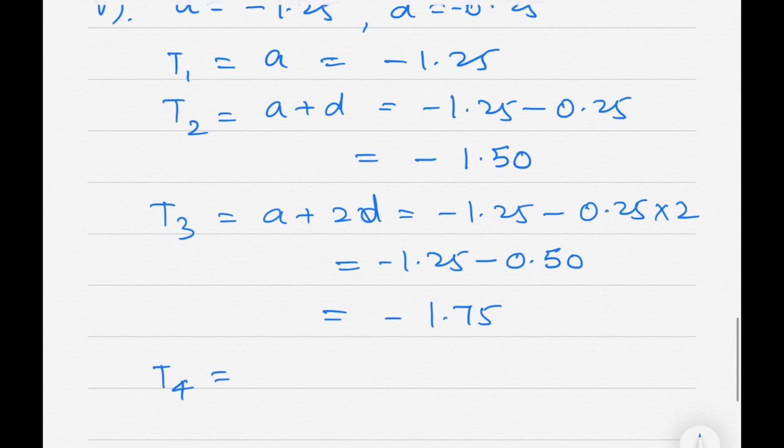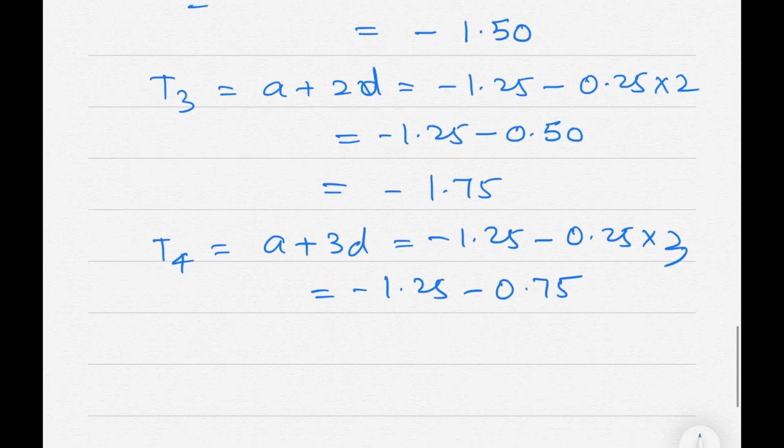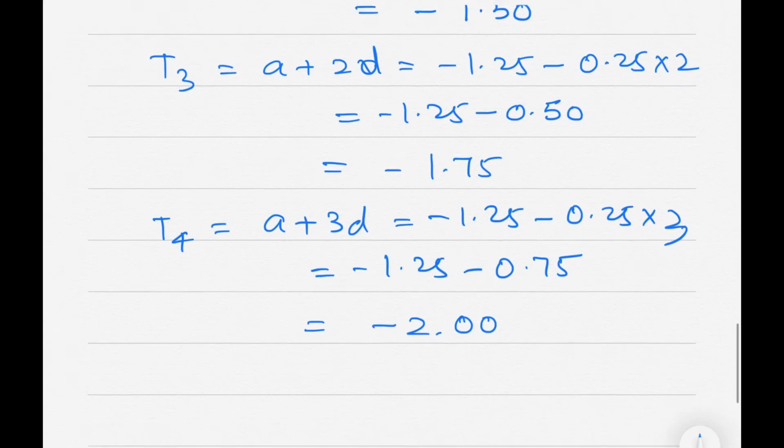Okay, the fourth term will be a plus 3d, so this is equal to minus 1.25 minus 0.25 into 3, so this becomes minus 1.25 minus 0.75, so this becomes minus 2.00.